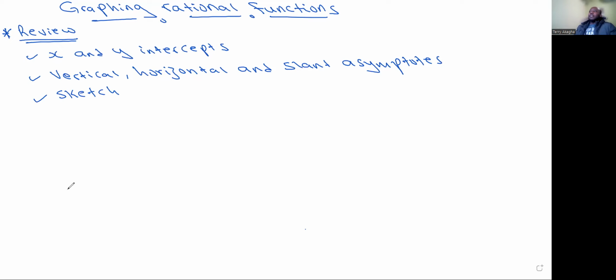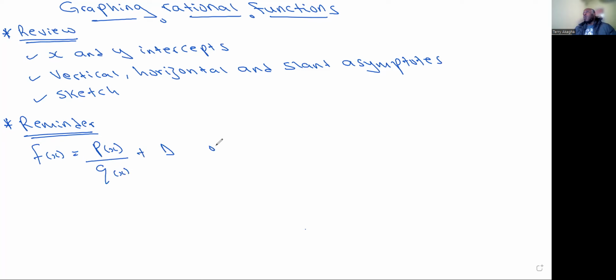All right. So let me remind you as well, because we're talking about rational functions, a quick reminder of the general form. I believe if you've been following the videos from the beginning, now you should know the general form of a rational function. And it's going to be px divided by qx plus d, or you can have f of x. Remember, I said in a rational function, you can have the numerator as a constant, and it also counts as a rational function.